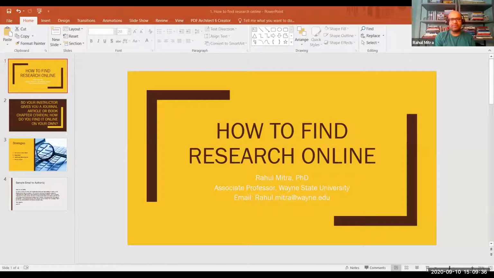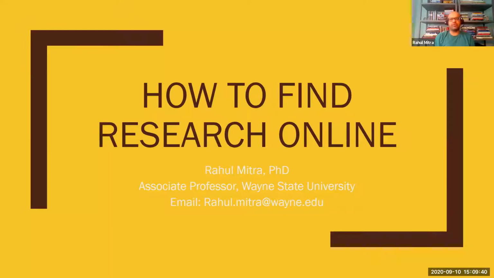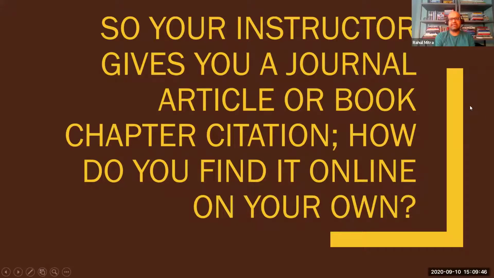So the topic for today is essentially how to find your research online. The way I understand this is fairly simple. Imagine that you are in a class and your instructor has given you a journal article or a book chapter citation, and you have to find the journal article or book chapter on your own and use it for your research.